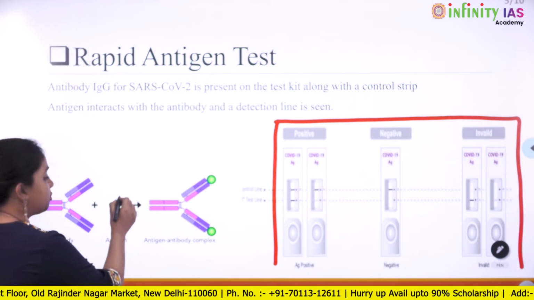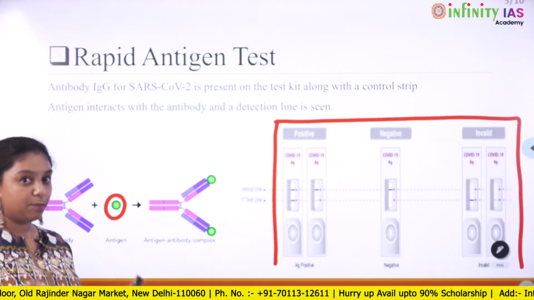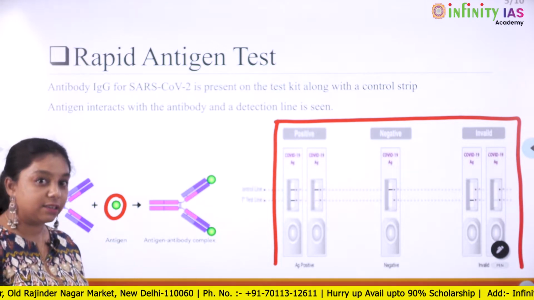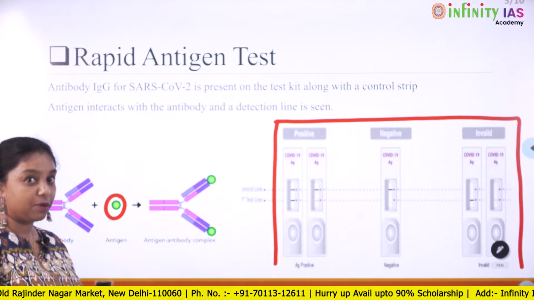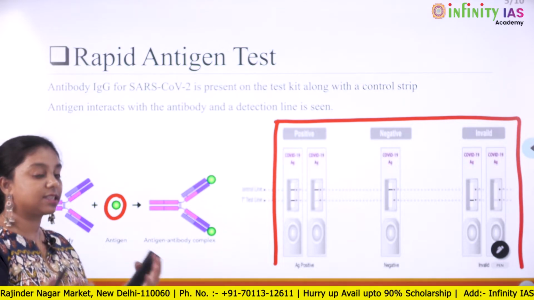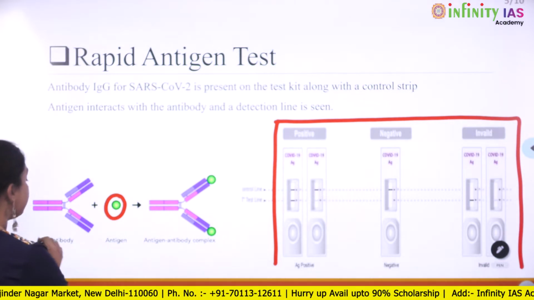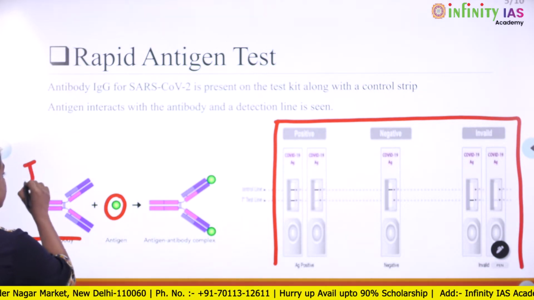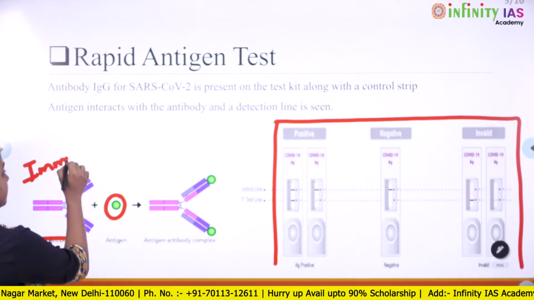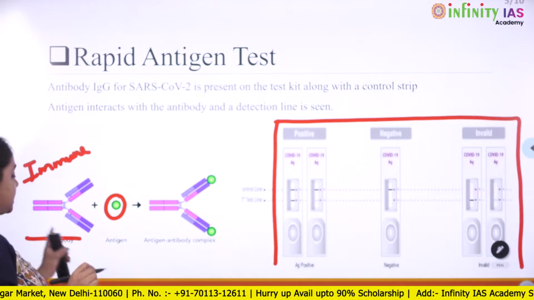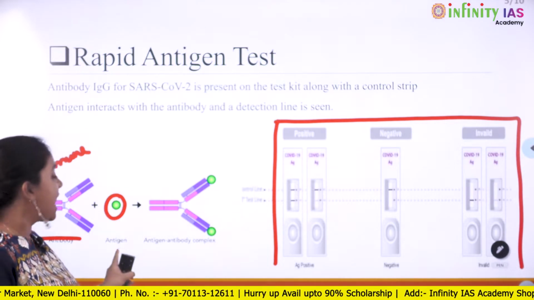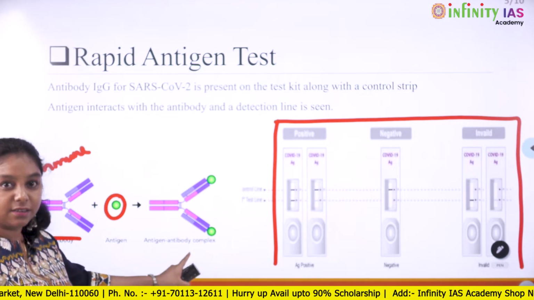Say suppose an antigen looks something like this. It's basically a protein from outside. It is not your own body protein. It is a foreign protein that is coming into your body. And the antibody is produced by your own immune system. This antibody recognizes the antigen and binds to it.